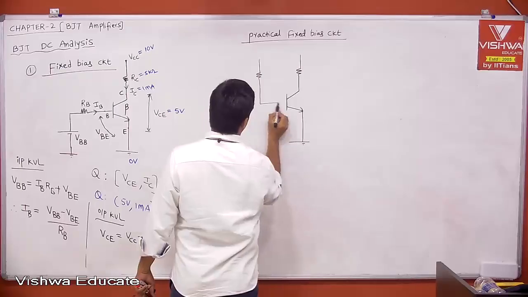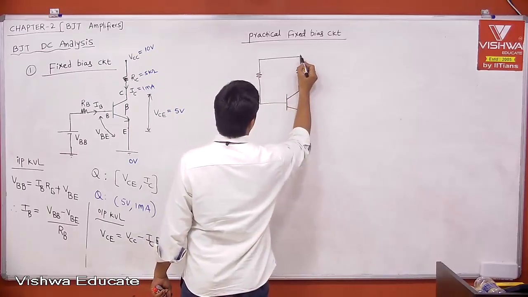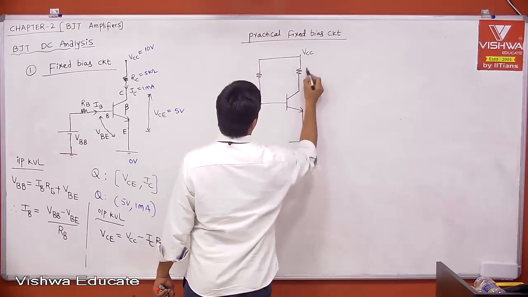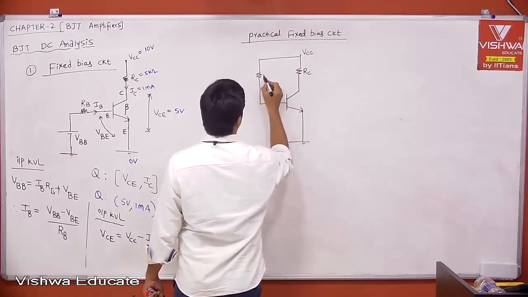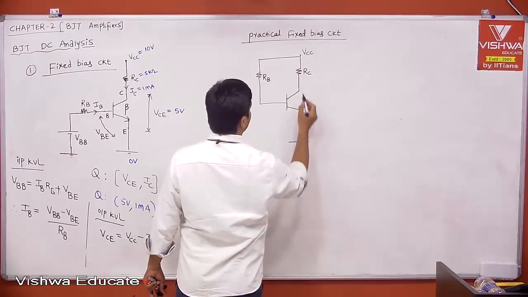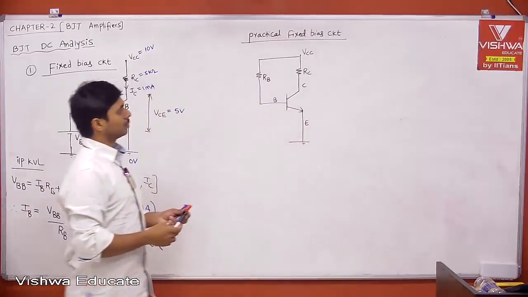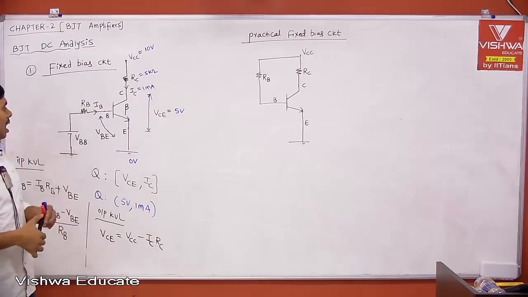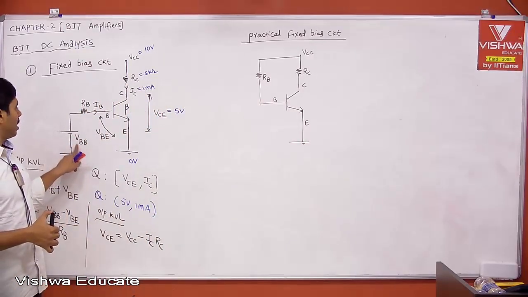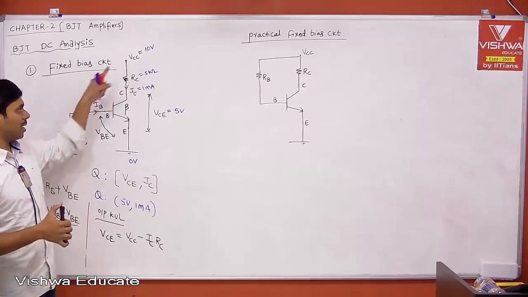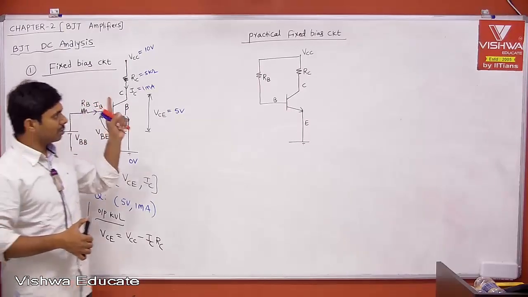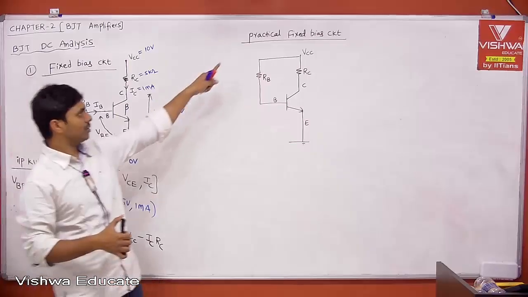Instead of VBB, you take VCC as your input. That's it. Problem is solved. Now we can have only a single power supply. This is collector, base, emitter. This is your practical circuit, because I want to use only a single power supply. I don't want VBB and VCC, two supplies. Instead of VBB, indirectly we used VCC.